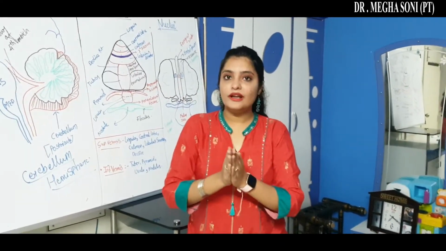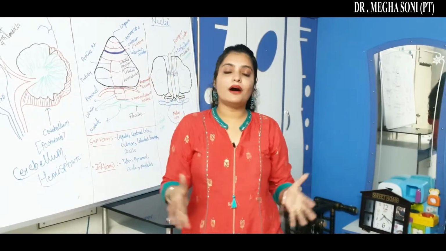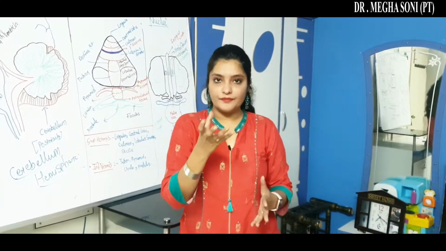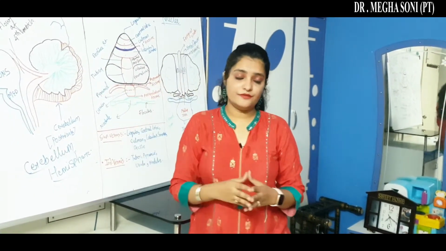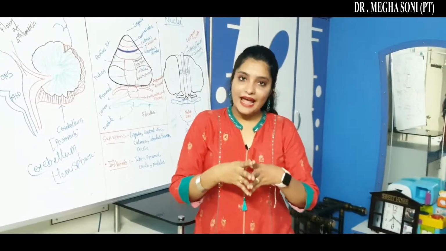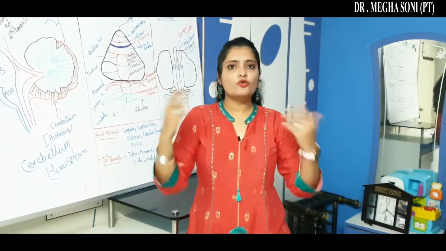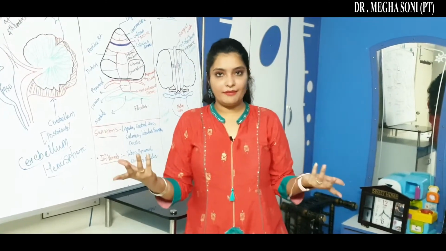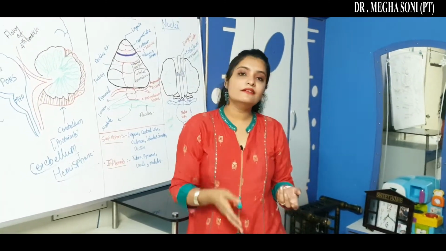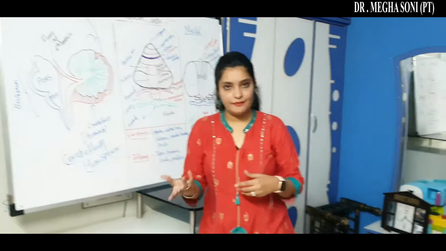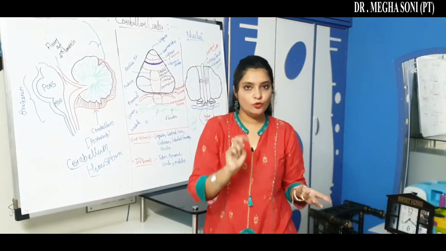Now before going to see the parts of the vermis, first of all I would like to tell you the outer part, or the structure, of the cerebellar hemisphere. So the cerebellar hemisphere has two matters, white matter and grey matter, obviously, because the central nervous system is made up of white matter and grey matter, and that you know.